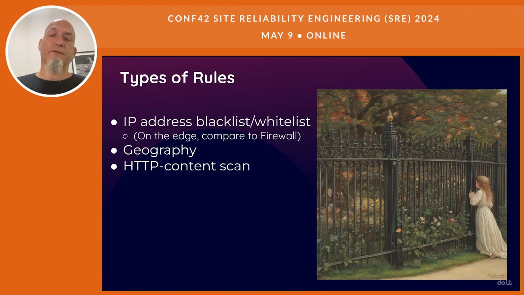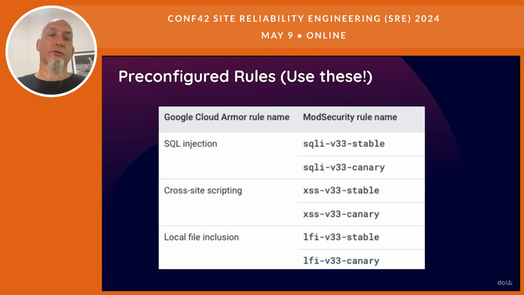And also the more sophisticated tools for defining blocks of dangerous IP addresses. You could block entire geographies. If you only sell in one country, you might want to block every other country to just say, well, I don't want anyone from that country, it's not even a question, let's exclude them. Or a scan of HTTP content, often with a regular expression, where you look for those scripts or other dangerous strings. Please use the preconfigured rule sets.